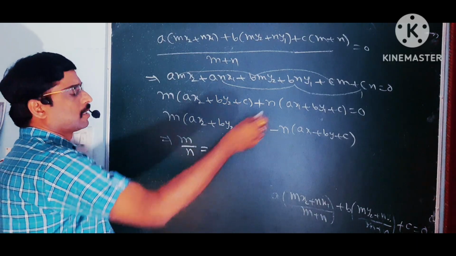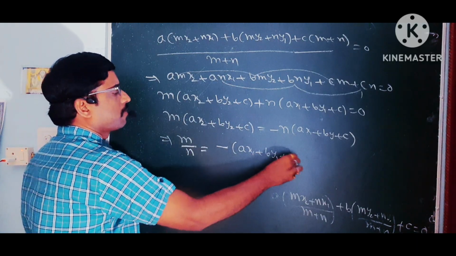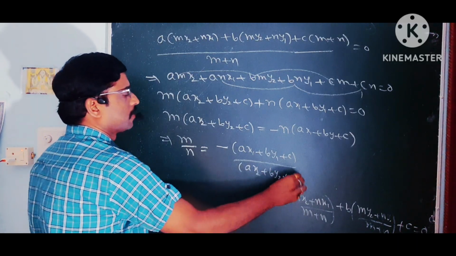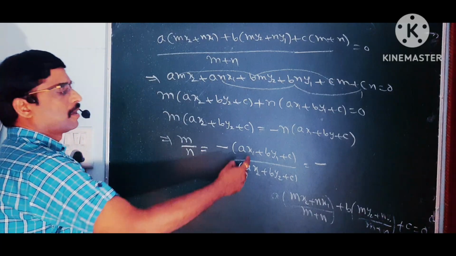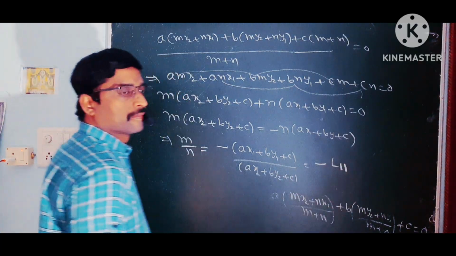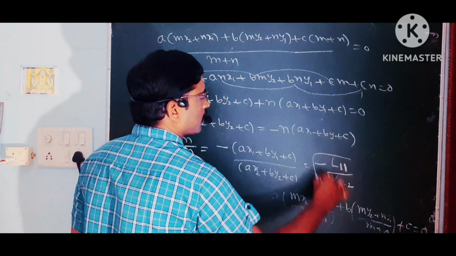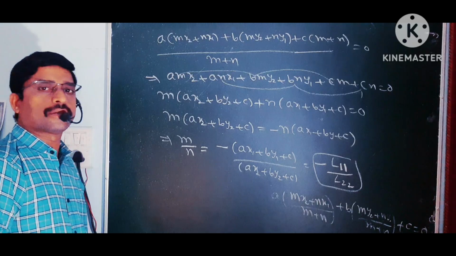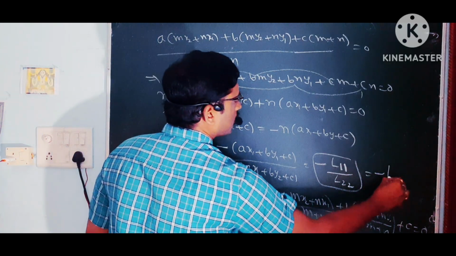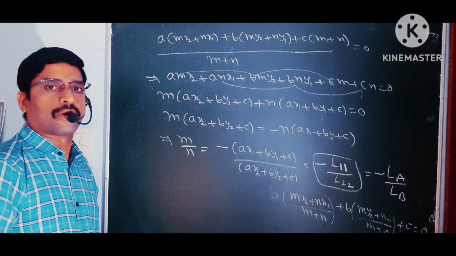Sending this value to the other side, minus of (ax1 plus by1 plus c) by (ax2 plus by2 plus c). So ax1 plus by1 plus c is denoted L11, and ax2 plus by2 plus c is denoted by L22. So what is the ratio formula? Minus L11 by L22. This is nothing but minus LA by LB, A for the first point, B for the second point.